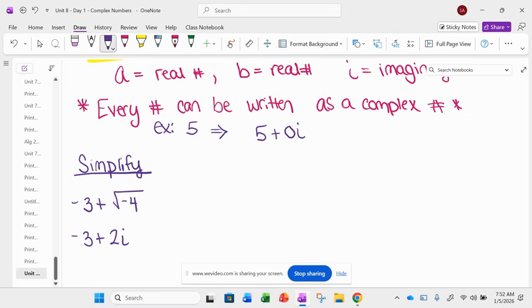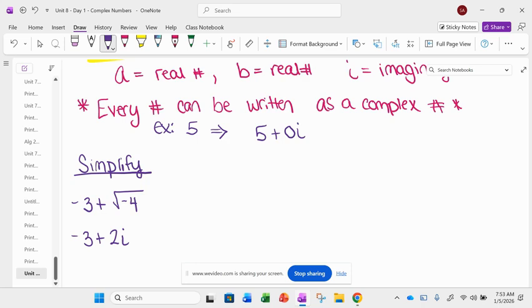Can I add negative 3 and 2i, do you think? No, we can't add them because they're not like terms, right? i is the square root of negative 1. And remember, if the radicands, the numbers inside the radicals, are not the same, we can't add them. And i represents a radical. So I can't add these together.